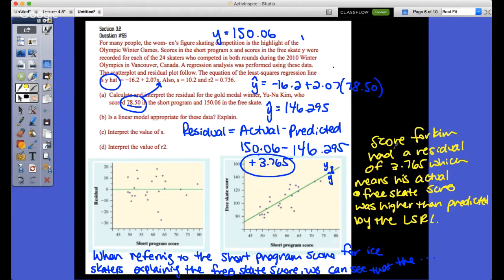That's what it meant. Literally, that's what happened, right? His y was higher than what his y hat was.